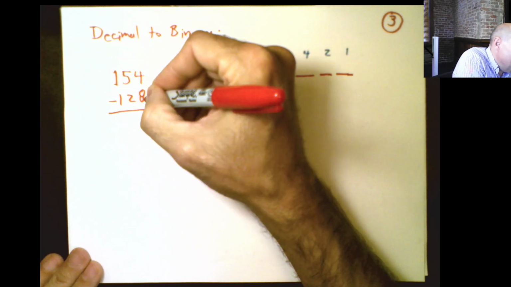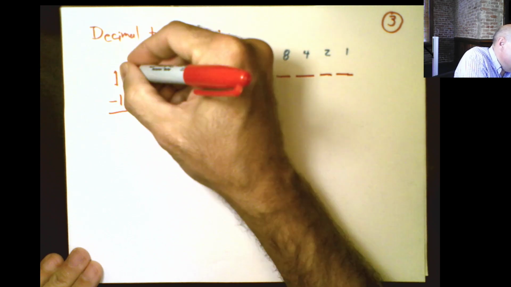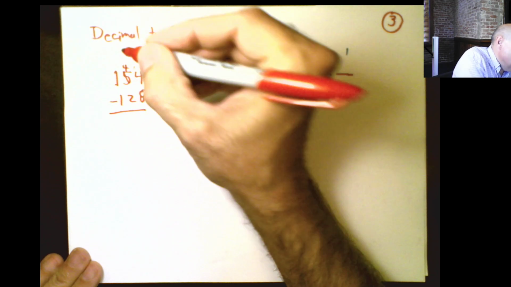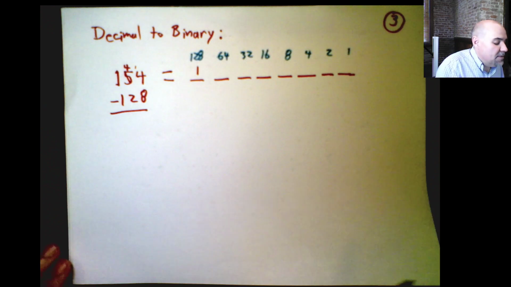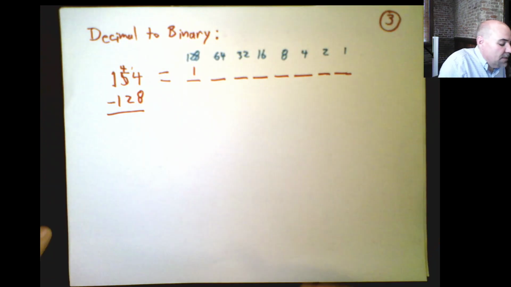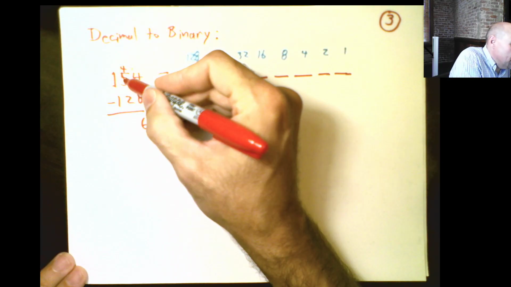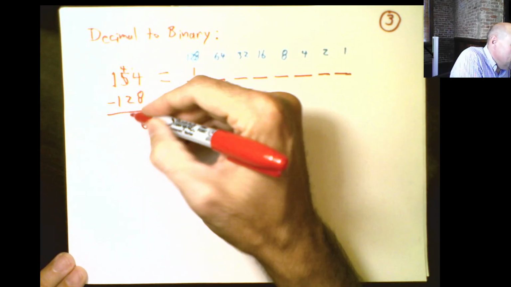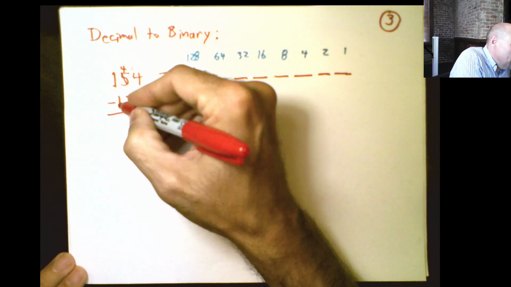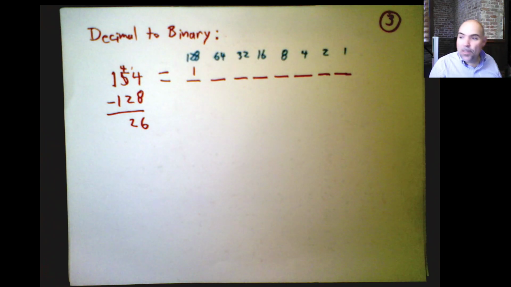So 4 minus 8, we need to borrow and make that 14, which makes this go down to a 4. So 14 minus 8 is going to be 6. So we're going to put our 6 down here. And now we have a 4 over here because we borrowed 1. So 4 minus 2 is 2. And 1 minus 1 is 0. So we just have 26 left.